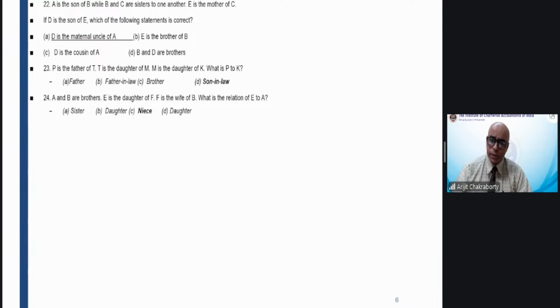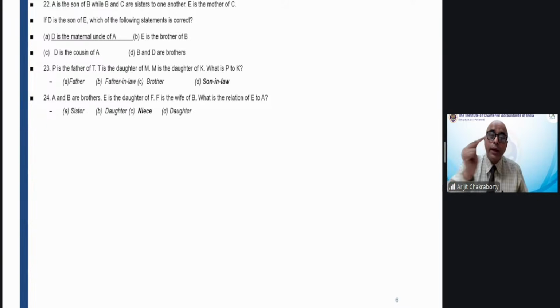It is a fairly simple question. As I was discussing, this entire logical reasoning block of our quantitative aptitude paper is highly interesting, very scoring, and easy to understand. So here you see E's father is B, E's mother is F. And E's father B's brother is A. So what is the relation between A and E?